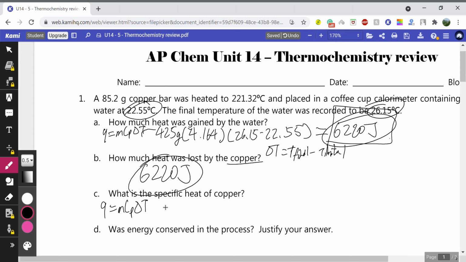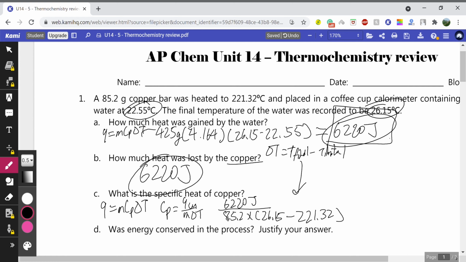Our Cp is going to be equal to Q of Cu divided by m delta T. Q of Cu we found in part B as 6220 joules divided by mass, which is 85.2 grams, times the change in temperature, which is 26.15 resulting temperature, minus the initial, which is 21.32.